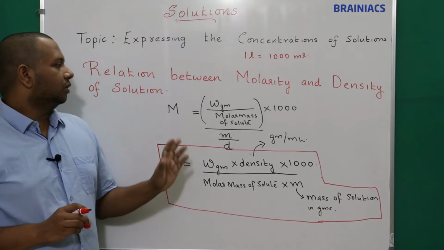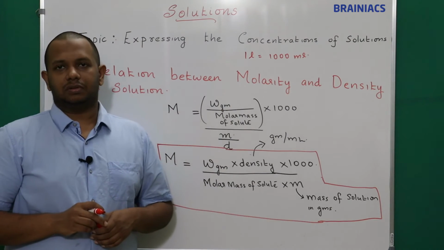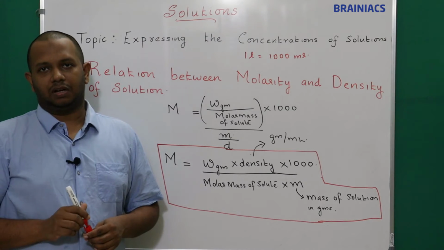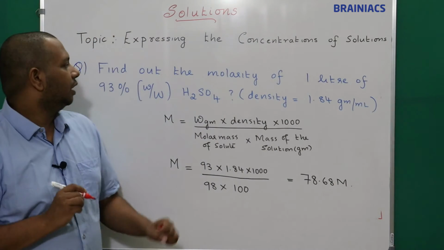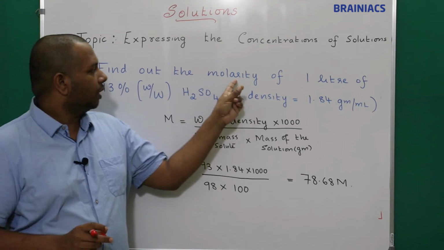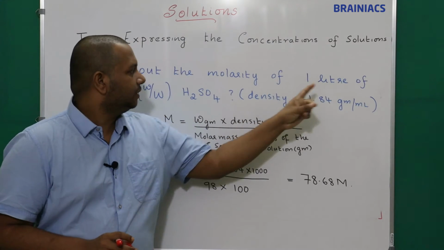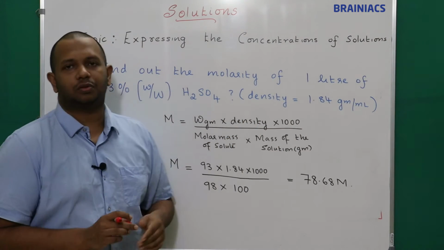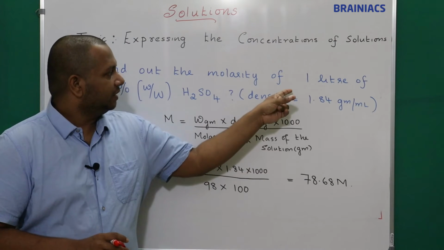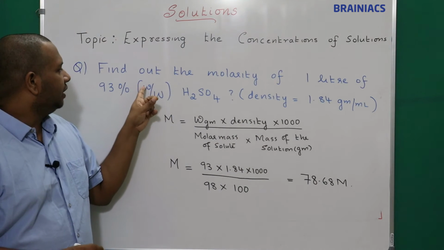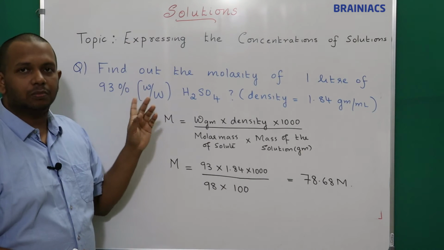Okay, so now we will try to do one question based on this so that you will get a clear clarity how we can apply this formula. So listen, I have written the question. What is the question here? Find out the molarity of 1 liter of 93% H2SO4. In bracket you could see W by W, mass by mass.